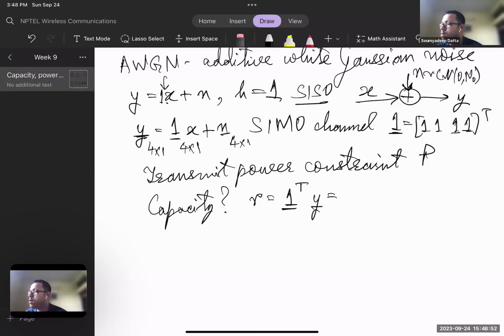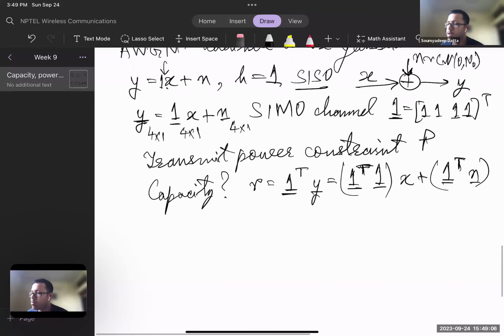If you expand Y, it will be 1 transpose times 1 times X plus 1 transpose times N. I like to use vector notation, that's why I'm showing it this way.